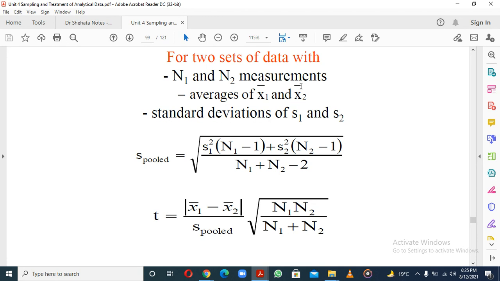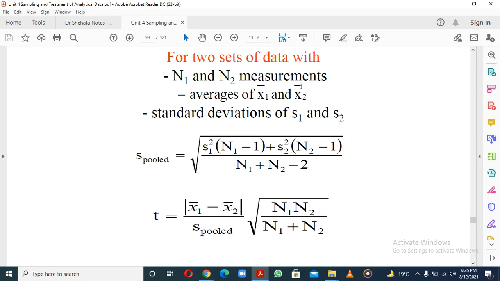This looks complex, but let me break it down. What you are doing is you get the standard deviation for the first sample, you square it, then open bracket, the number of measurements. Let's say we're looking at six samples, you write six there, minus one, plus, then you square the second standard deviation for the second group of measurements.